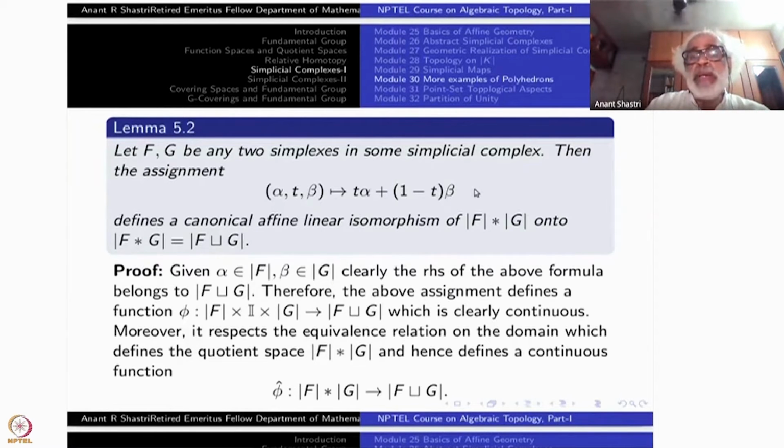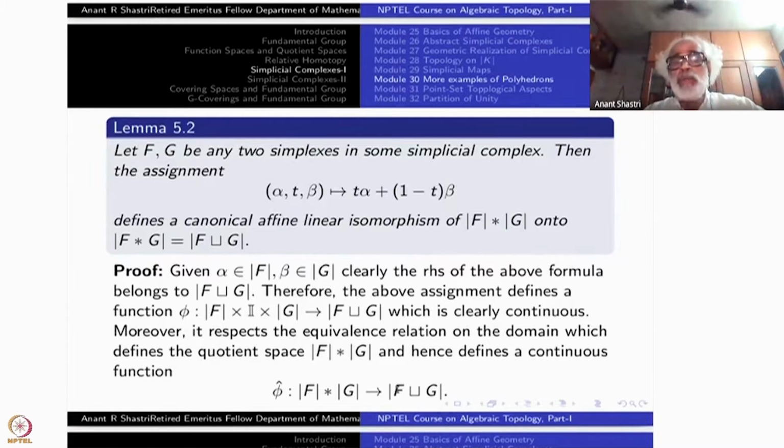When t is 1, all the betas are identified. So this respects the relation. This gives a function phi hat from mod f star mod g, which is the quotient of this one, to mod f star g. Whatever is identified here goes to the same corresponding point there, and that's why this is a well-defined map. Obviously, by the definition of the quotient topology, this will be continuous now.